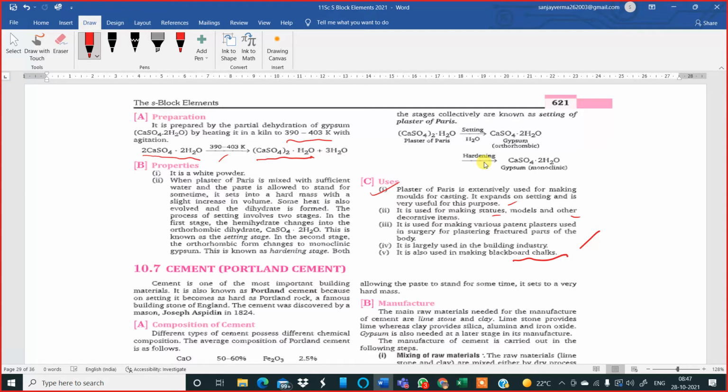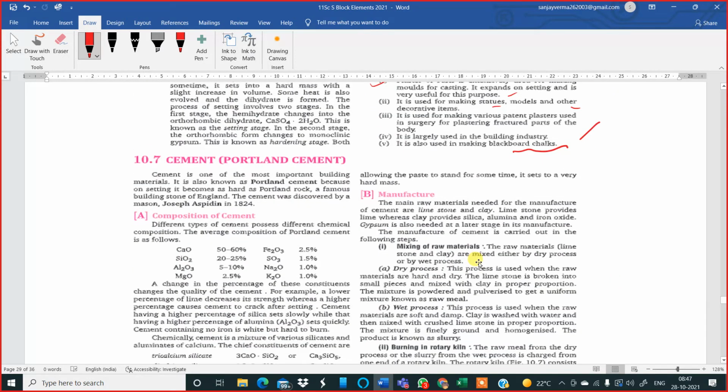Now, after that, the next thing which is required from this chapter is the manufacture of cement. Under this, Article 10.7, cement comes under industrial chemistry in higher chemistry. Here it has been put in this chapter because there is use of the group 2 elements. Now we know cement is one of the most important building materials.